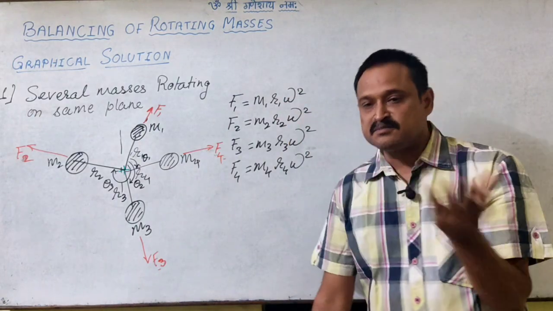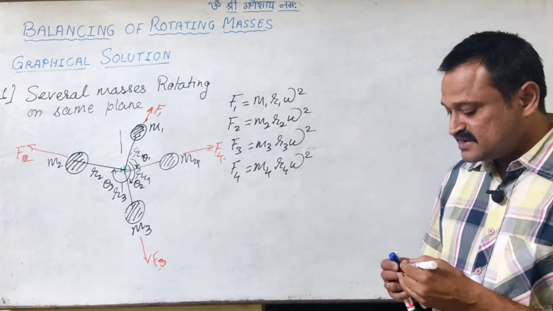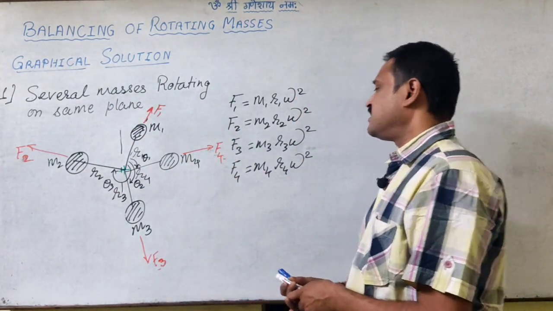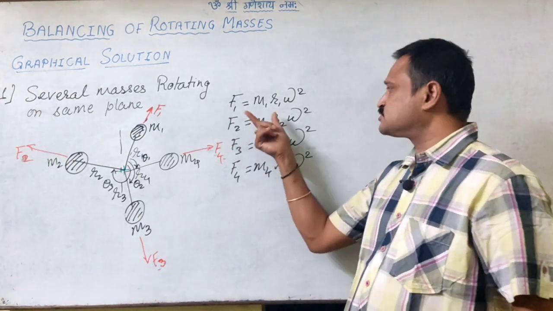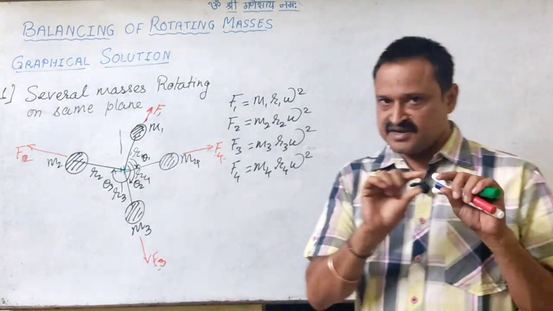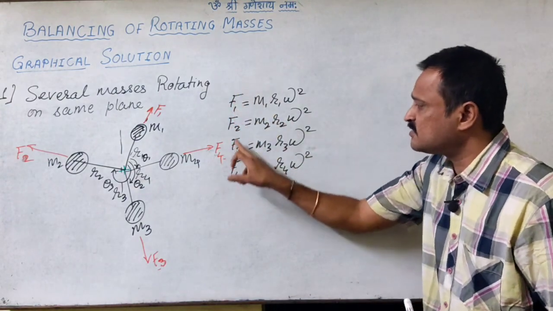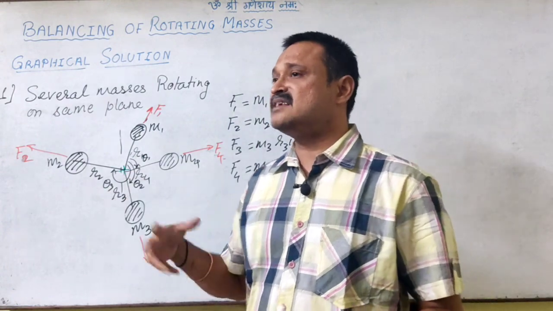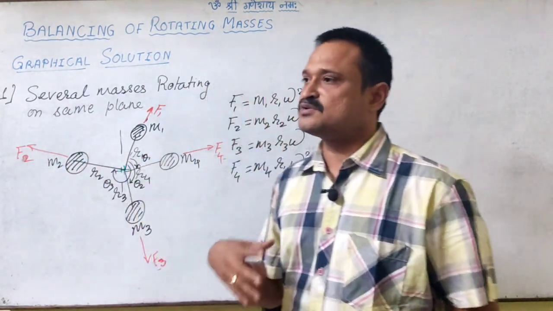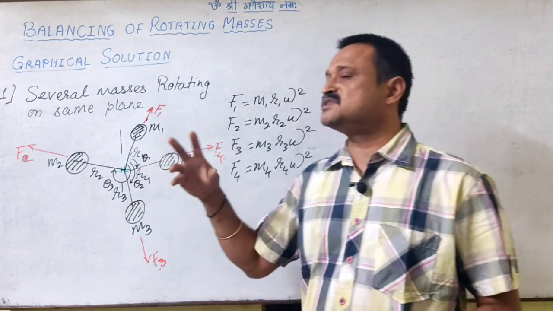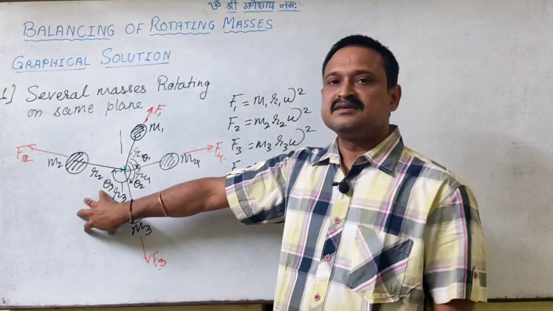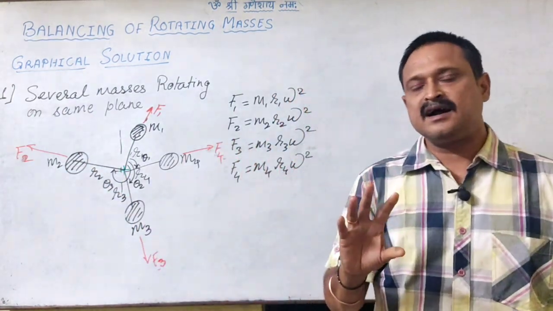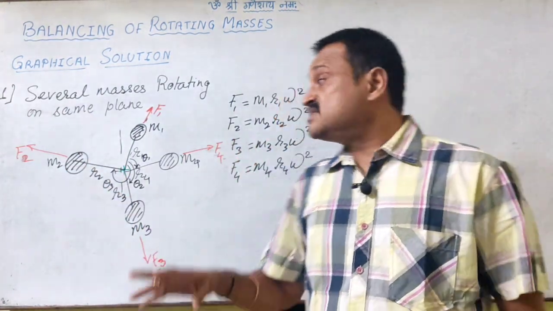So if you see the system, omega is same for all these values, so we can consider the magnitude of that force to be equal to M1 R1. So if we write that, because we want the summation of all these forces which will be equal to the resultant force, and the balancing mass will be equal to that force, which will be mounted on the same shaft on which all these four masses are rotating, and whose omega will be the same as this.